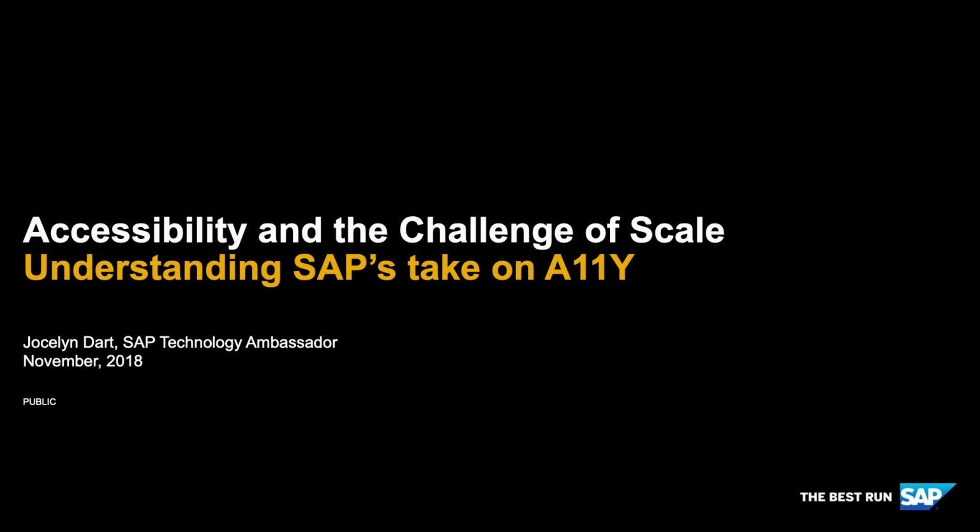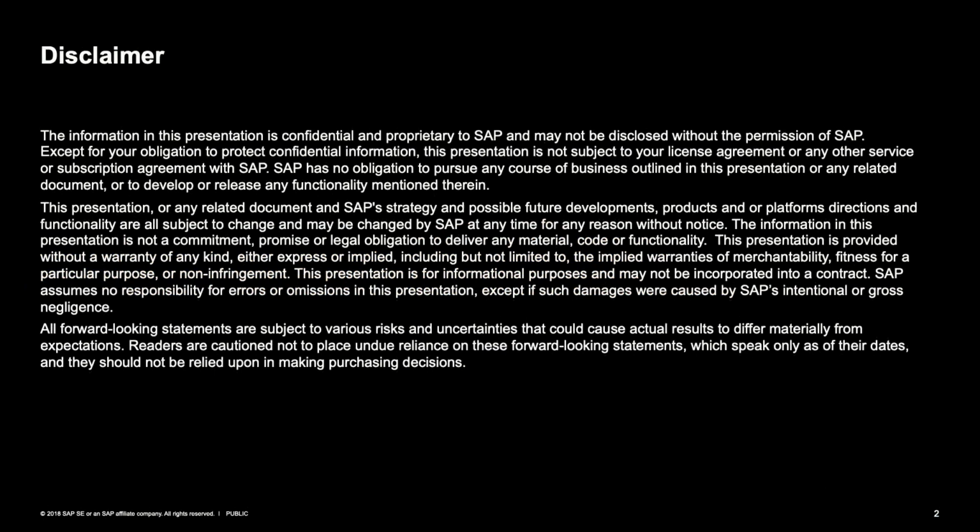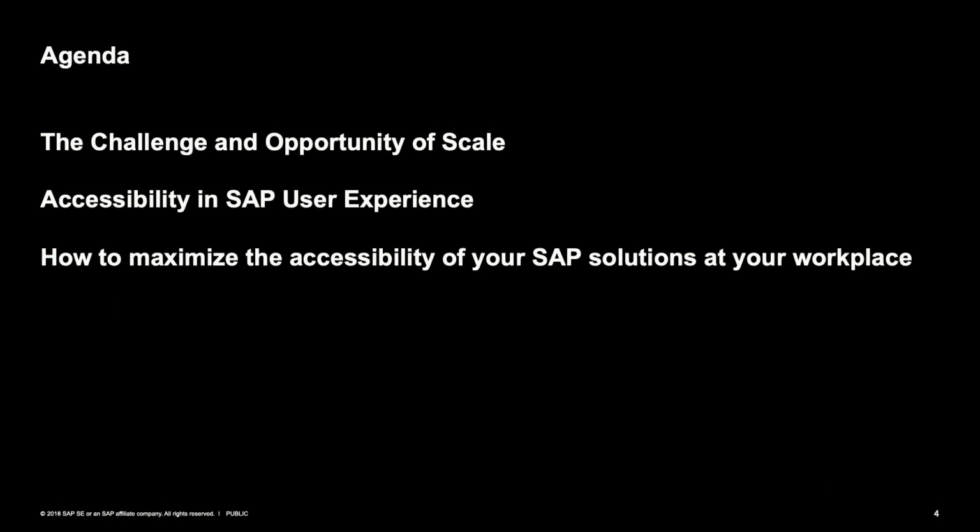So I'm just going to give a little bit of an understanding of how SAP approaches accessibility when we're working at tremendous scale. I've broken this down into the challenge and opportunity of scale, and accessibility in SAP user experience, and I'm going to focus just on our flagship user experience, which is called SAP Fiori. It's HTML5 based.